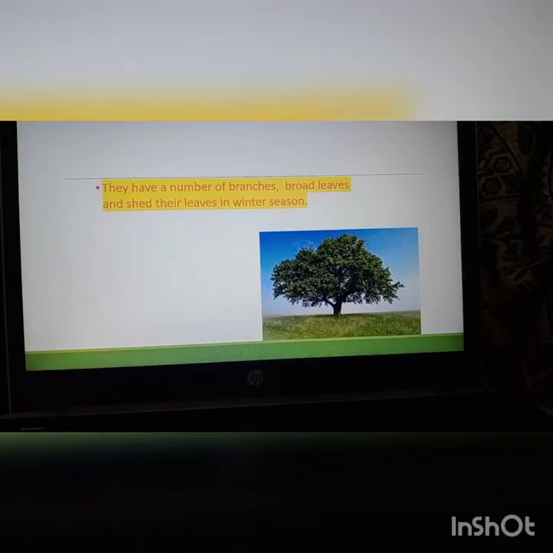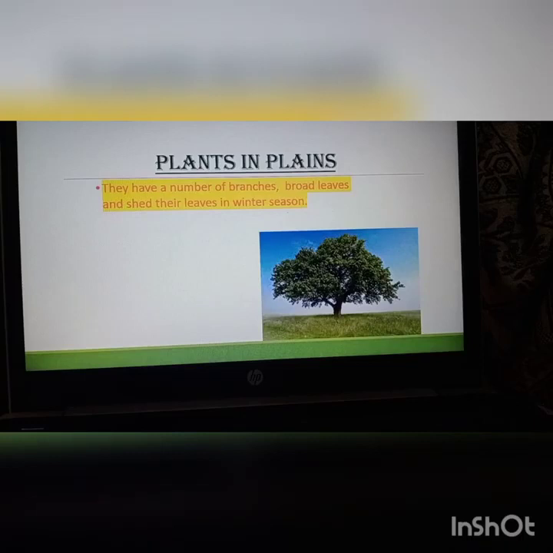Now today we are going to study about the first type of terrestrial plants. The first type, that is plants that grow in plain areas, are called plants of plains. They are like the trees or the plants that are present around you, that grow around you. You can identify these plants easily by looking at some specific features.